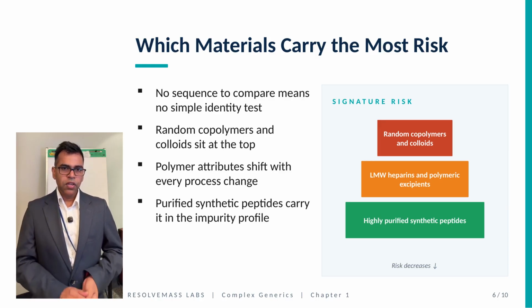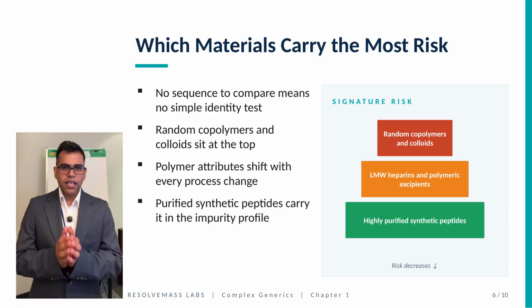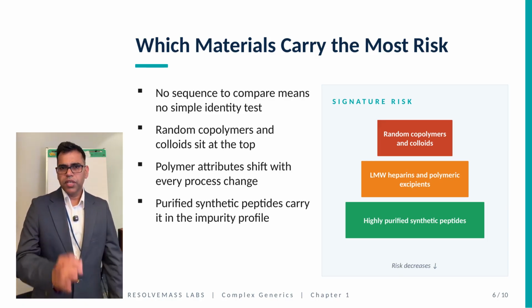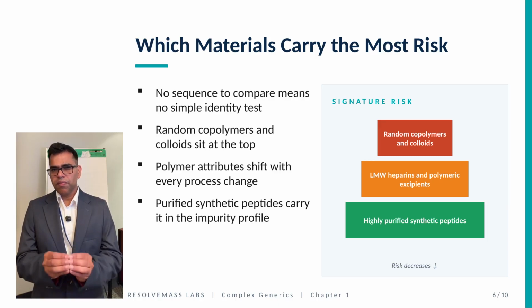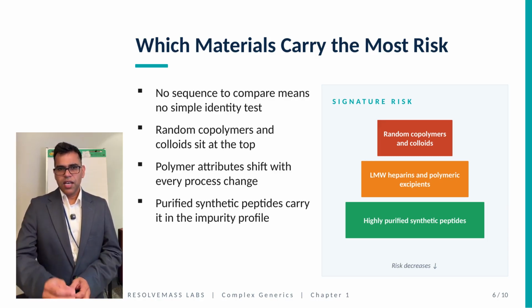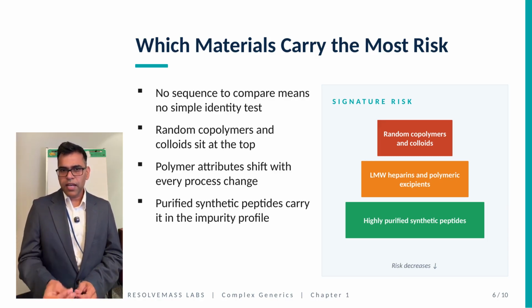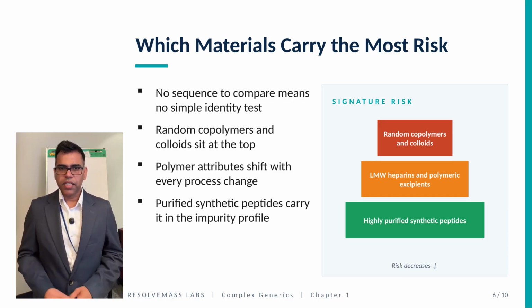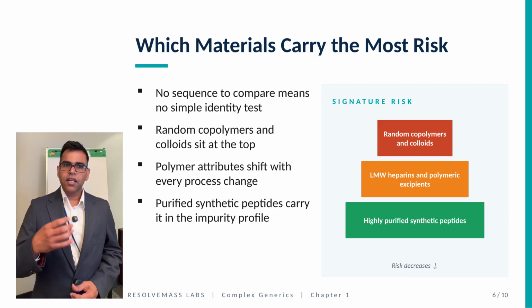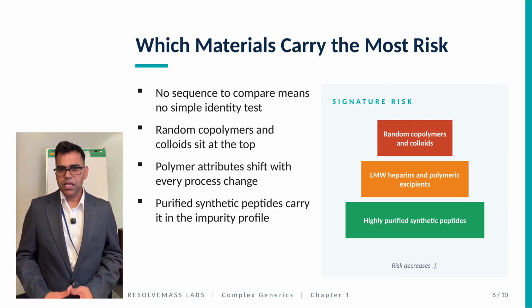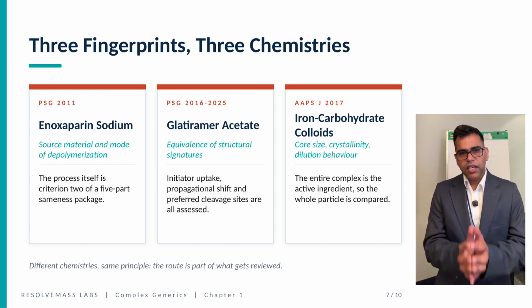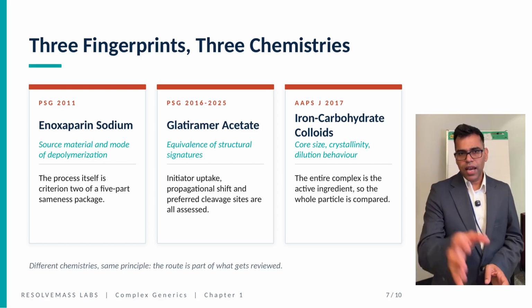Now, which materials carry the most risk? Not every material carries the same weight of signature. At the top sit random copolymers and colloids like glatiramer acetate and iron carbohydrate complexes, where the whole complex is the active ingredient and there is no sequence to line up.